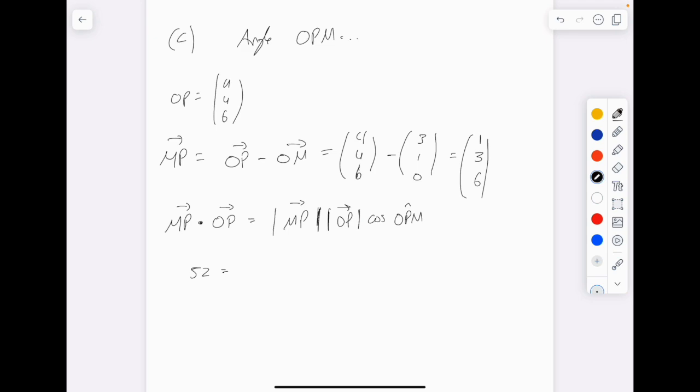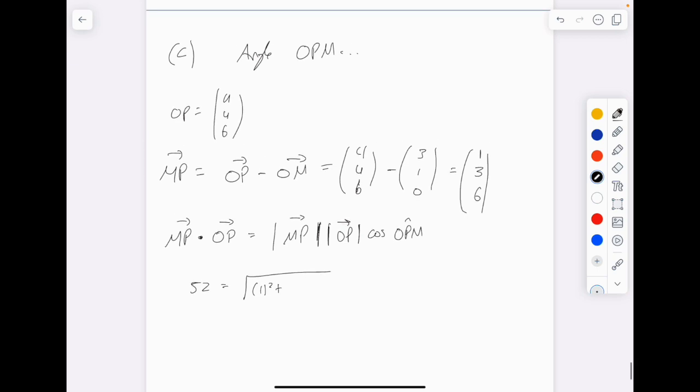Meanwhile, we've got the magnitude of MP, which is 1 squared plus 3 squared plus 6 squared, and OP, 4 squared plus 4 squared plus 6 squared, times cos OPM.